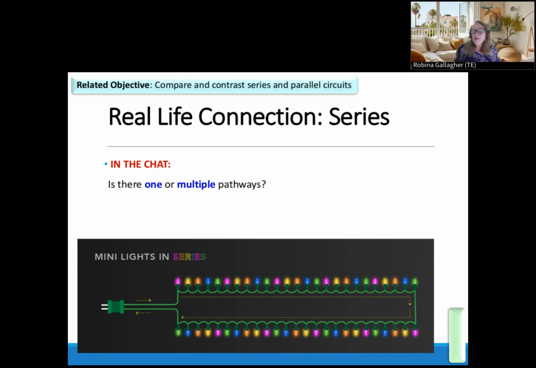Tell me, is this one pathway or multiple pathways? Tell me in the chat box. Look at that yellow dotted line. There's only one way for the electrons to go.